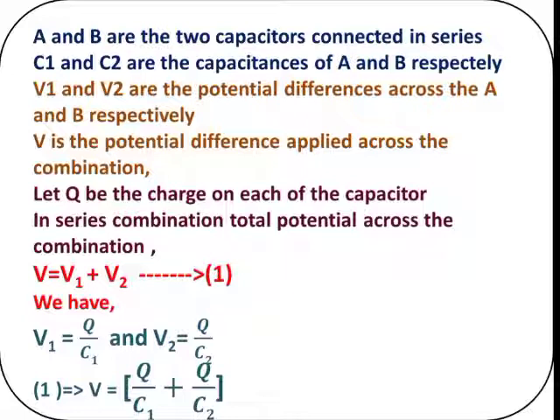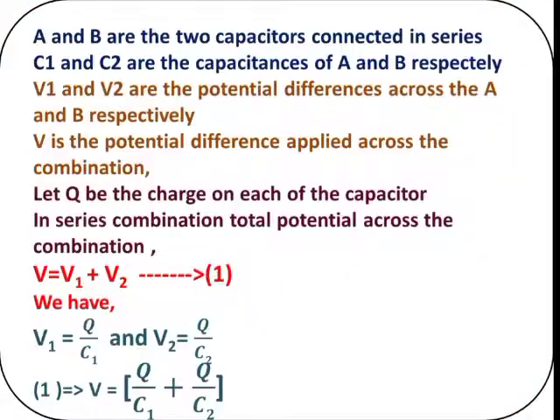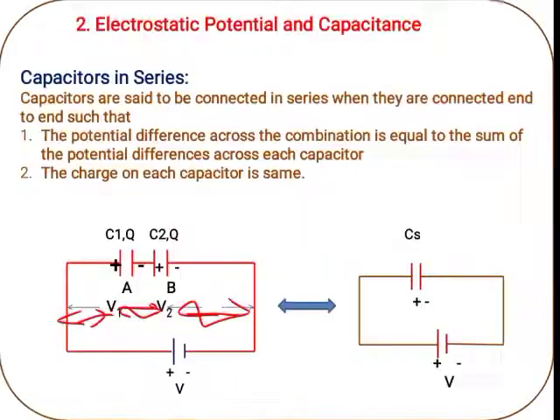A and B are two capacitors connected in series, as I mentioned in this diagram. C1 and C2 are the capacitances of A and B respectively. These are the notations for the capacitances of the two capacitors.